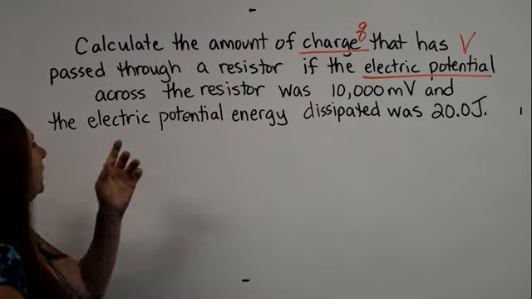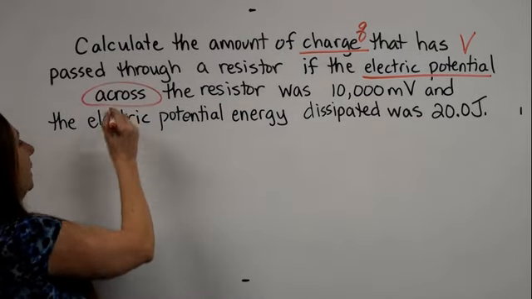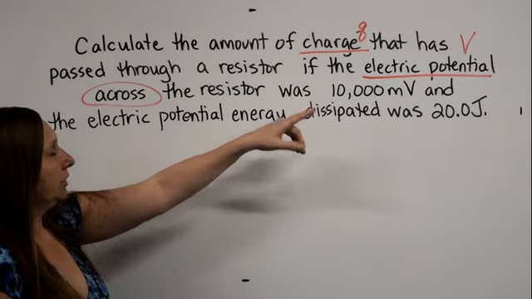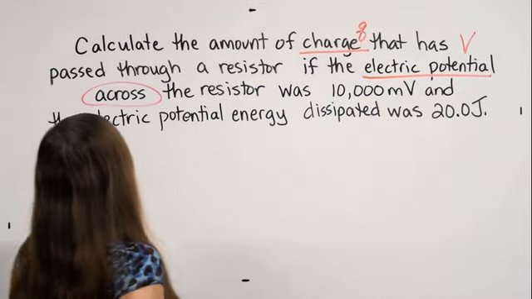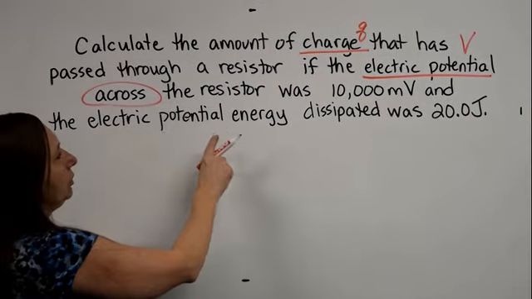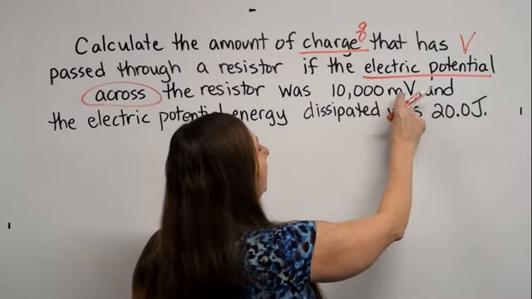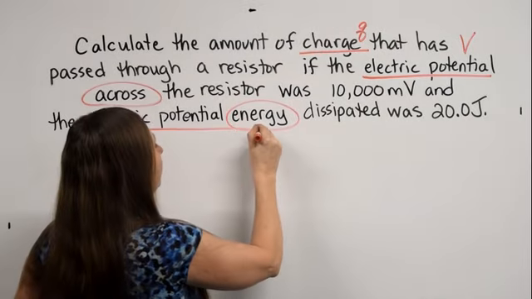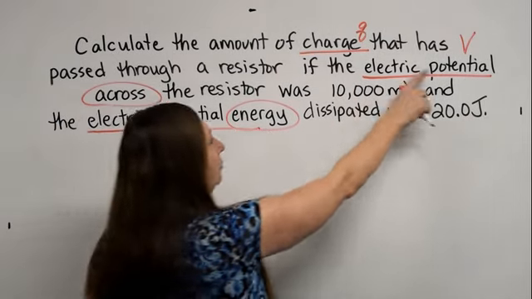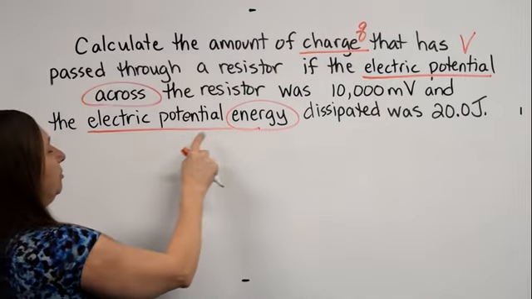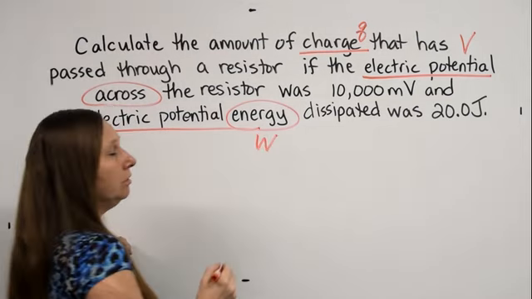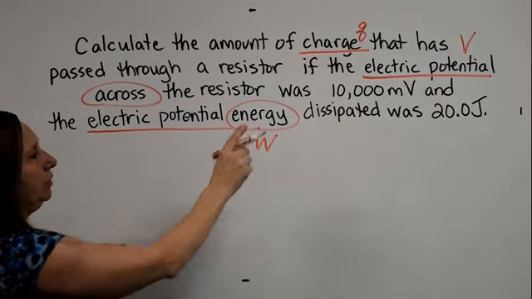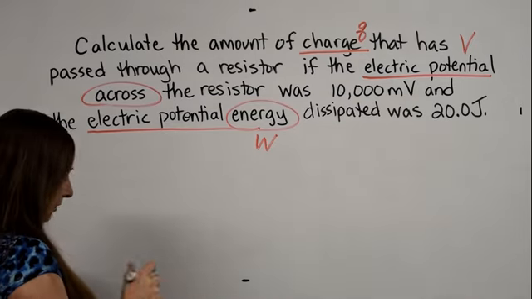If the electric potential across the resistor was 10,000 millivolts, and the electric potential energy, see how electric potential is voltage, but electric potential energy is W, dissipated was 20 joules.